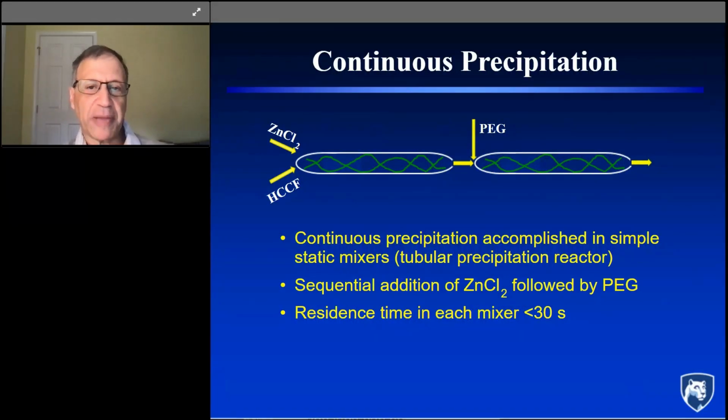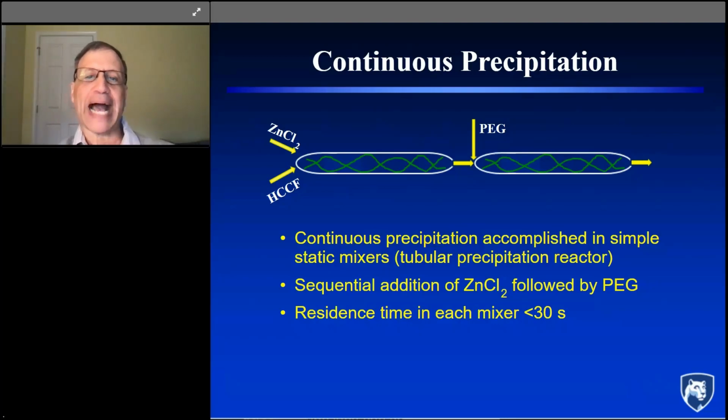The way we do this in practice is to use a continuous tubular precipitation reactor that employs static mixers to obtain very uniform residence time. We take our harvested and clarified cell culture fluid, mix it with zinc in the first reactor to nucleate precipitate. We then add polyethylene glycol to enhance the precipitation.